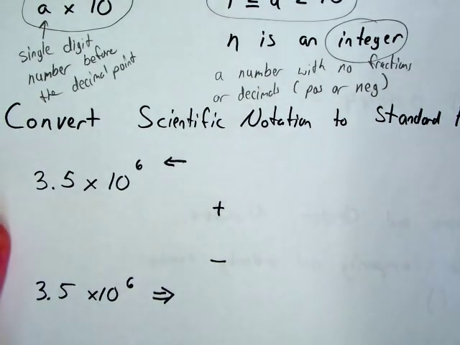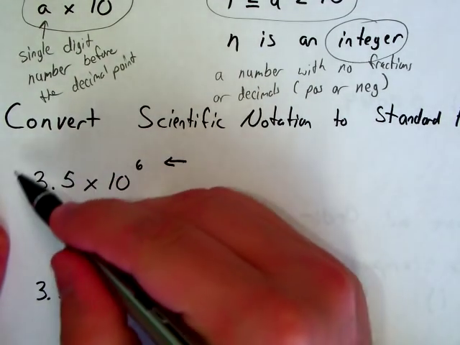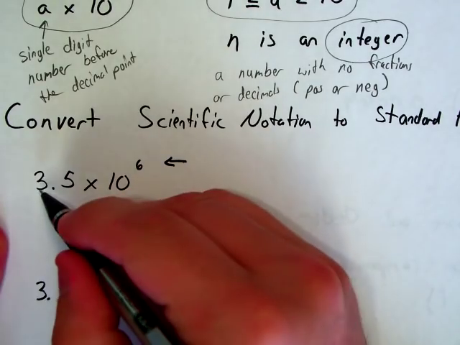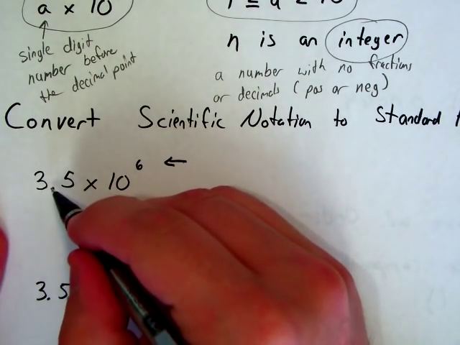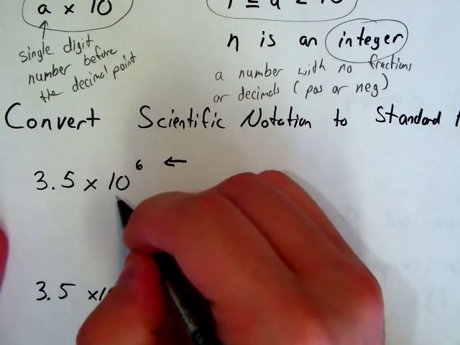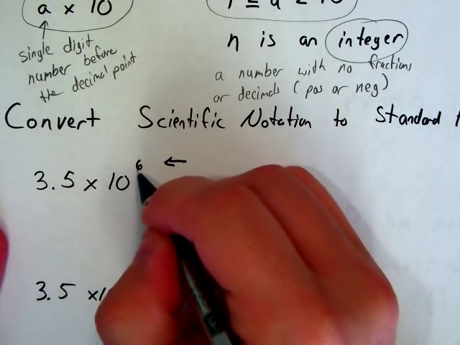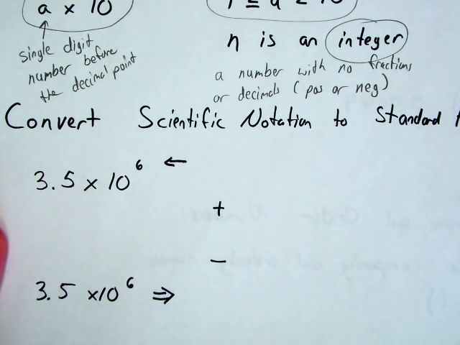Now, if we have a number written in scientific notation, first of all, this here is written correctly. It's a single-digit number before the decimal point multiplied by a power of 10 raised to an integer exponent.